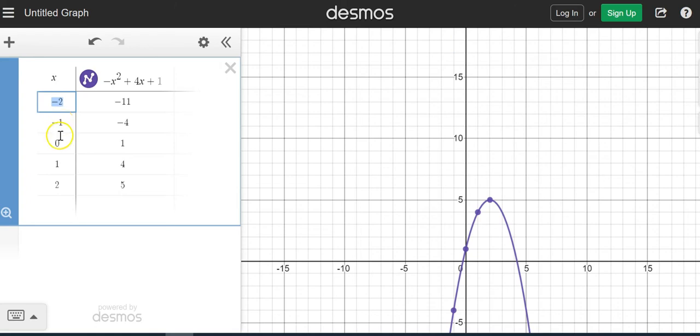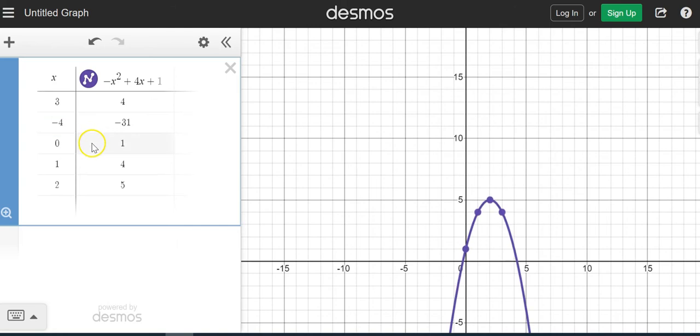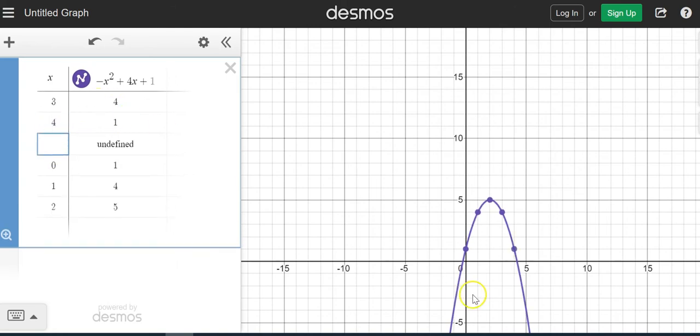Negative 1 is okay, but considering where this is, I would like this point right here, which looks like 1, 2, 3. So I'm going to change this to a 3. And I think it would be nice to have a 4. This should be positive 4. And there we go. Now we have some nice points that we can put on our graph.